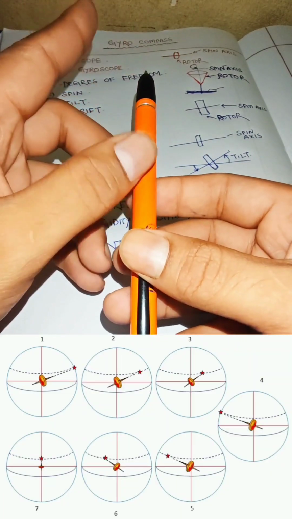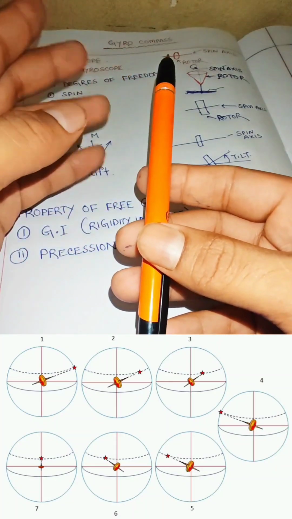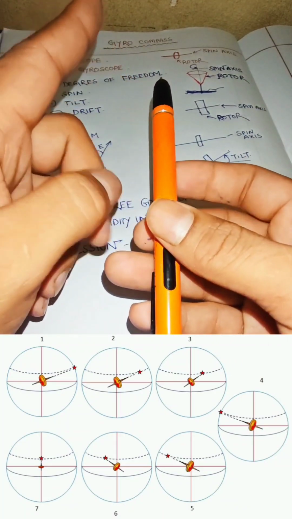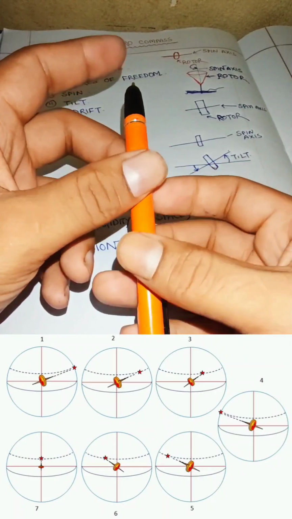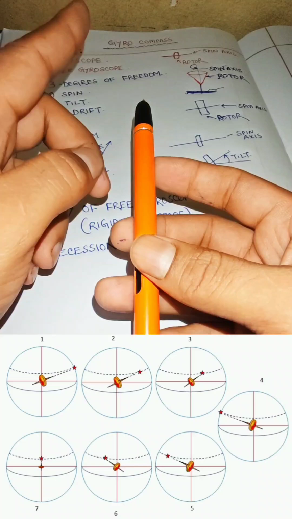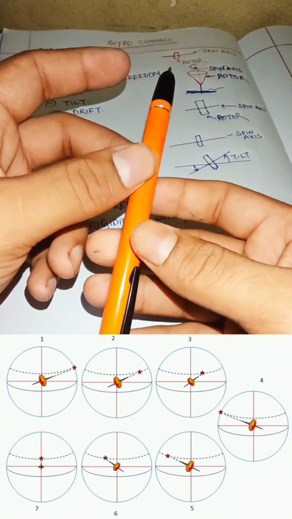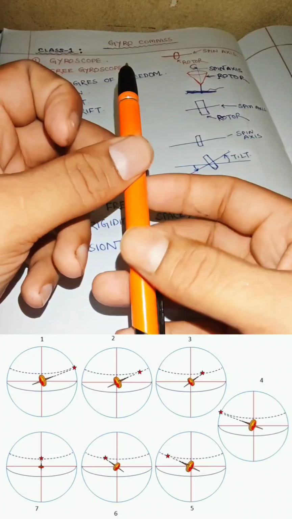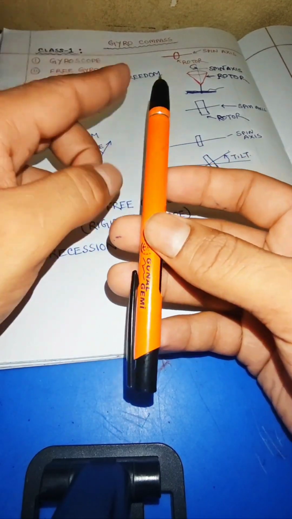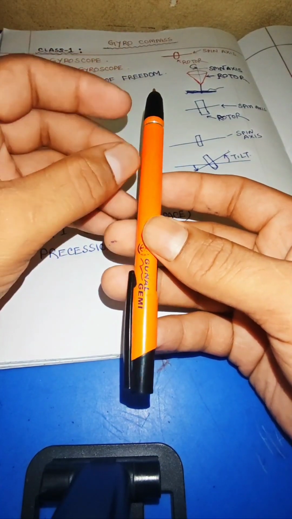Once it points to the pole star and is spinning, it will continue pointing in that direction until an external force is applied. This is the rigidity in space, or the gyroscopic inertia. Guys, this comes from Newton's law, the law of rigidity: the ability to point in a fixed direction without applying any external force.